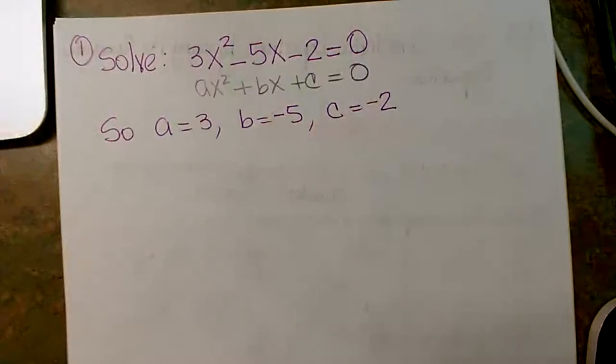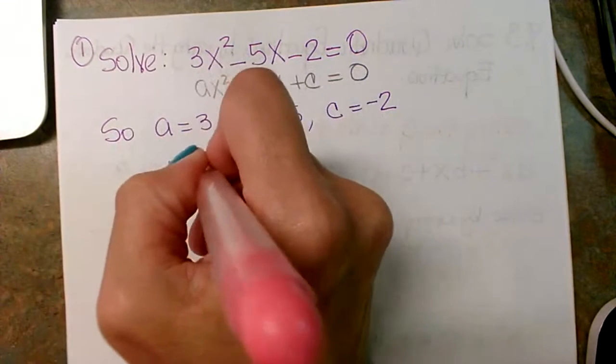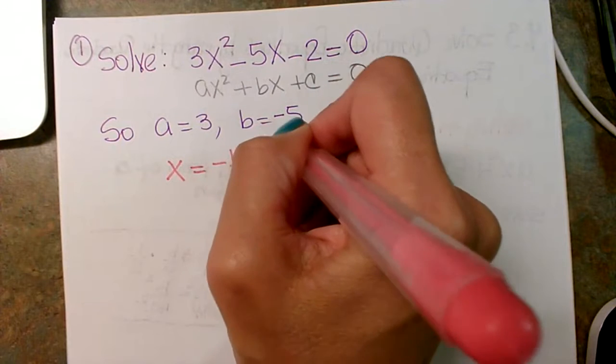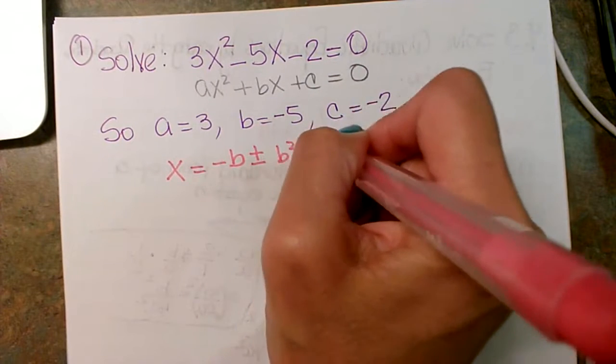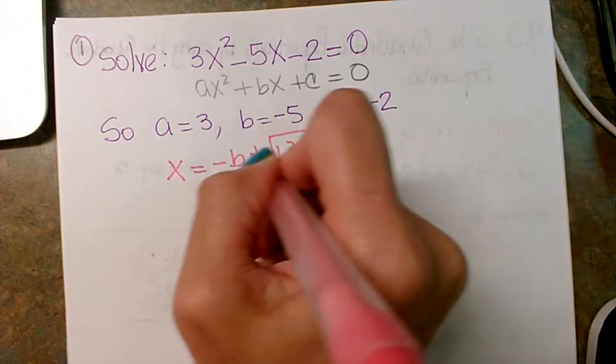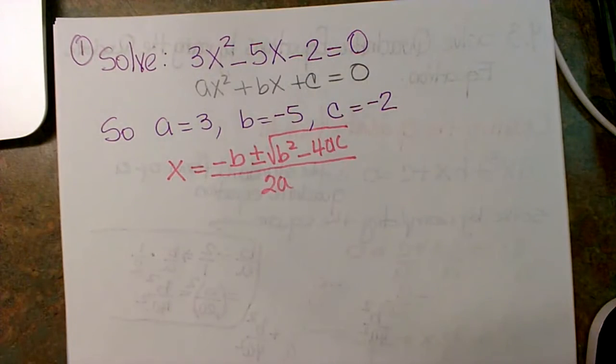Now, I like to write down the quadratic formula, which is x is equal to minus b plus or minus the square root of b squared minus 4ac, divided by 2a.